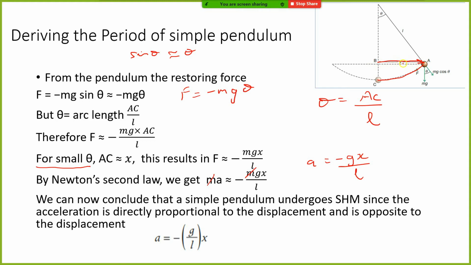Because the angle is so small, if I were to measure AC, it would basically be equal to X, which is just the straight distance from the amplitude to the center. That's what they're saying X is equal to. All right, sir. Yeah.